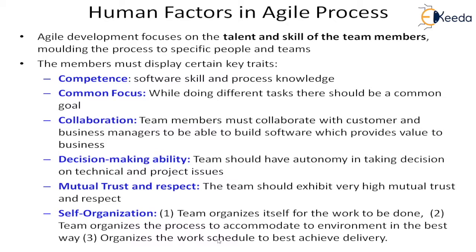They have to organize it, and if required, keep changing it. So these are the three different ways that self-organization can be achieved, and these three types of characteristics or skills should be present in the people who will be working in the agile process.